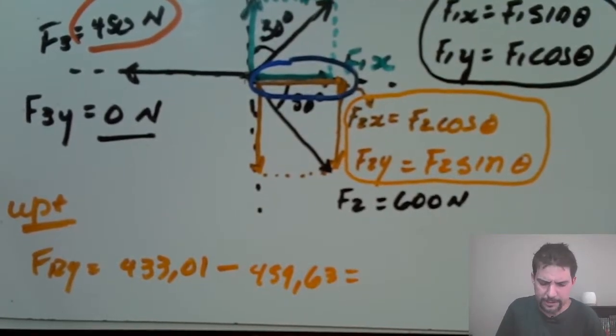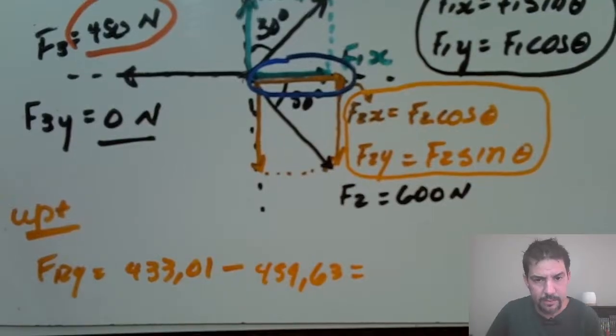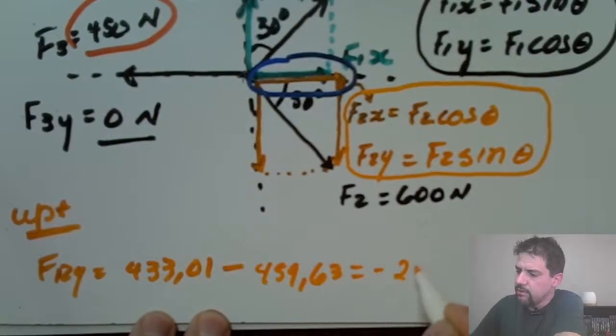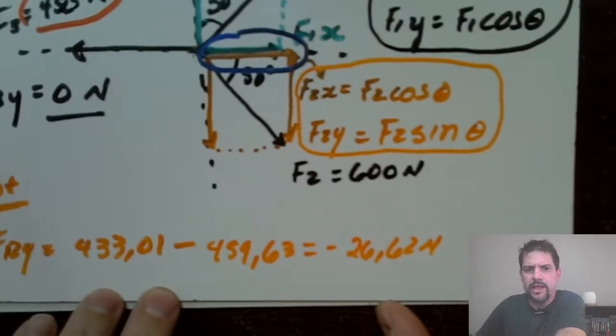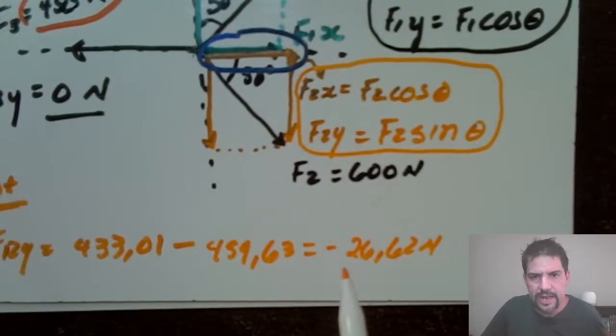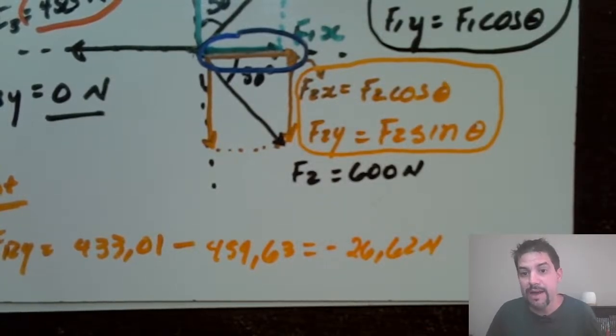Let me use it for 433.01 minus 459.63. If my calculations are all correct, you are more than welcome to please calculate the same numbers with me. All right, and correct me if I'm wrong. I got negative 26.62 Newton. Now, important, that negative is not a negative number as we do in mathematics.